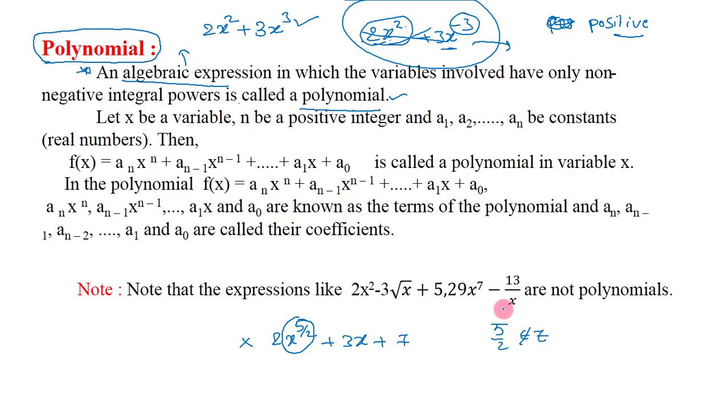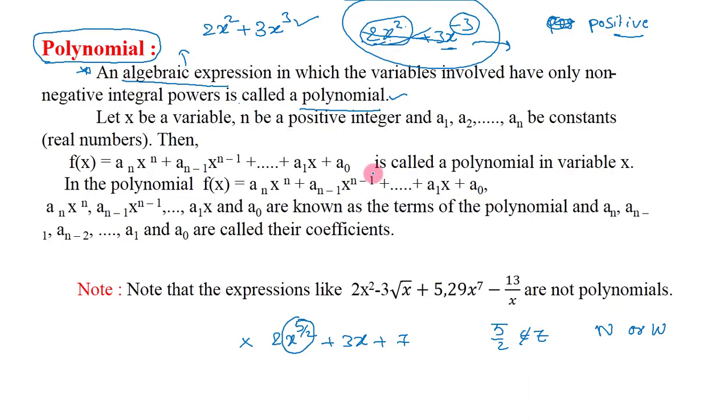To call an algebraic expression a polynomial, the power should be an integer, and it should be non-negative, that is a natural number or whole number. Whole number means 0 can be a power, no problem.